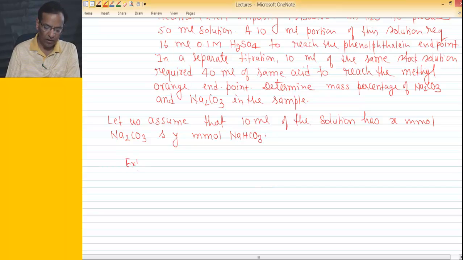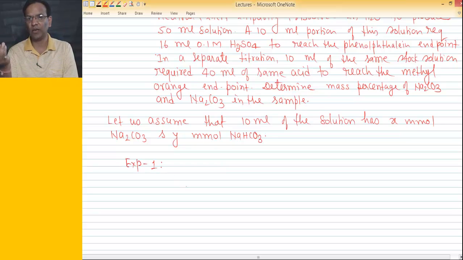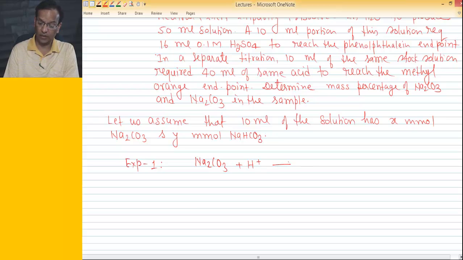In experiment number 1, when phenolphthalein is used, only sodium carbonate will be neutralized to sodium bicarbonate. So only reaction will be Na2CO3 plus H plus giving Na plus NaHCO3.